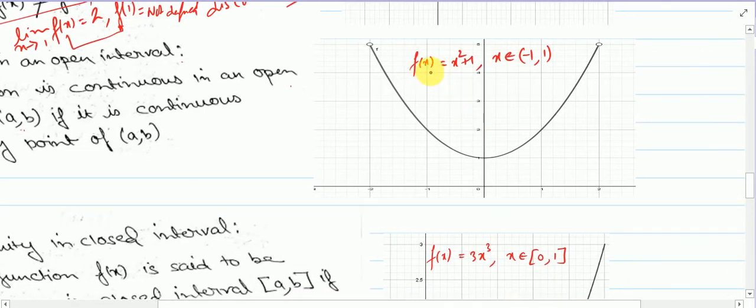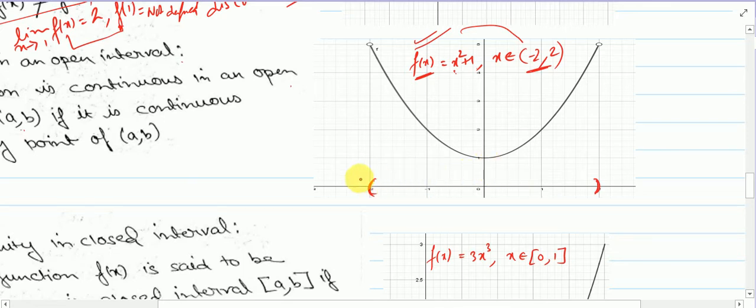Here I have taken the function f(x) equal to x square plus 1, and here x is from this open interval, minus 2 comma 2. So I will say that this function is continuous in this open interval (minus 2, 2). In an open interval we write it with round brackets.